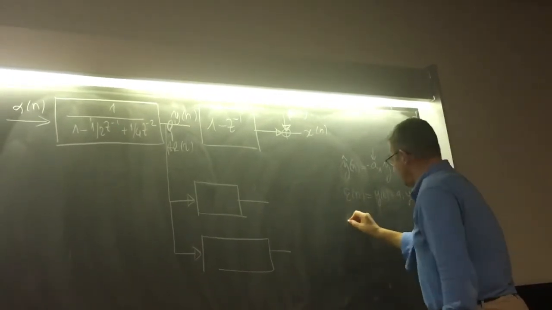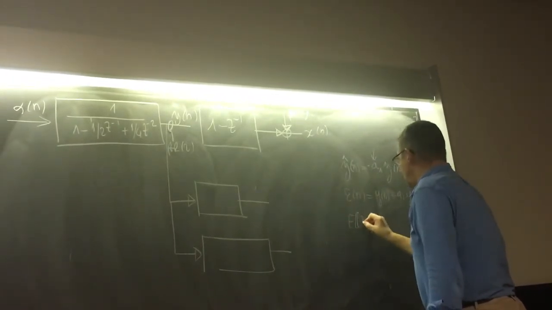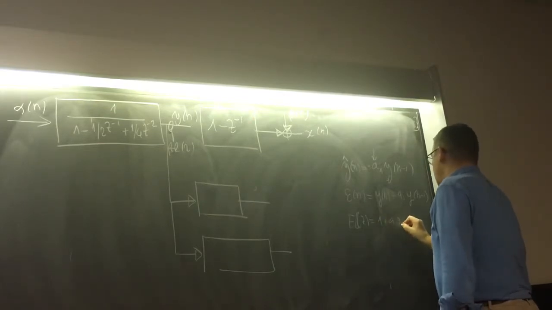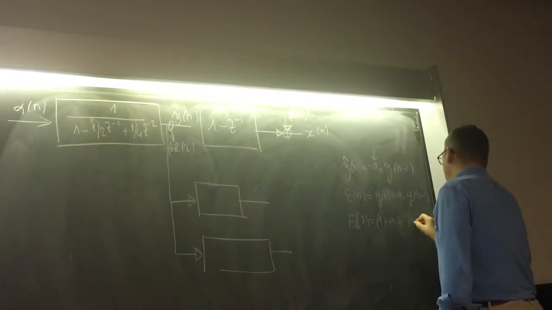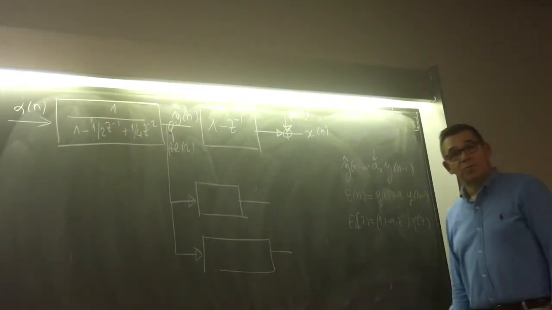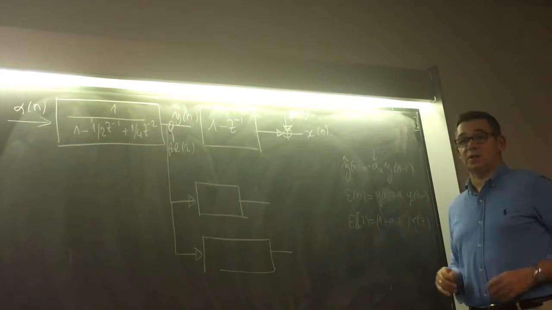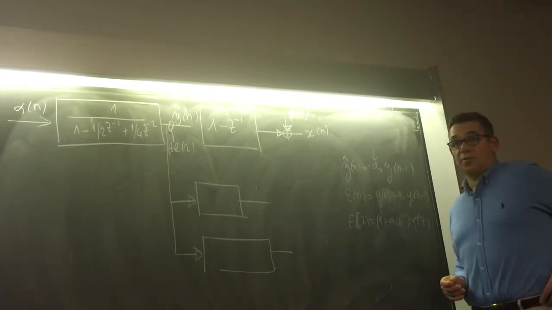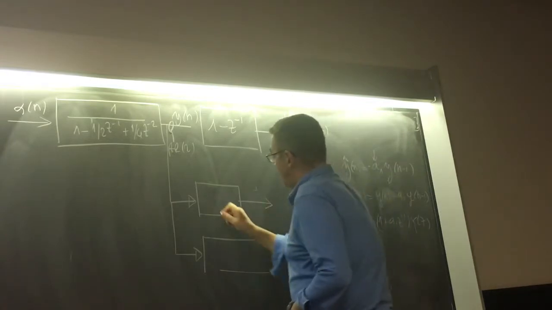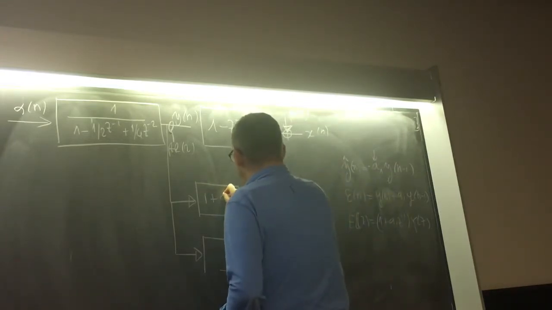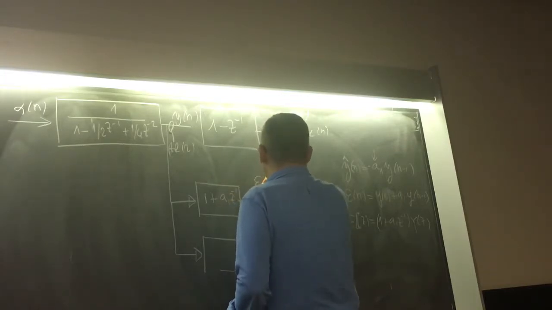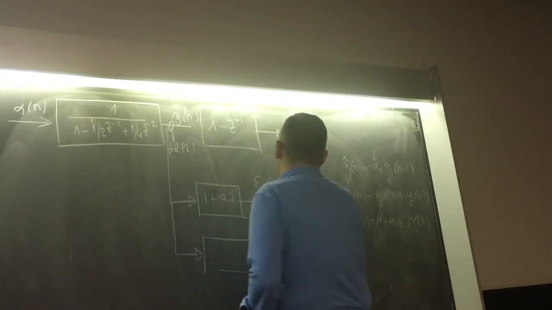In z transform, E(z) is equal to 1 plus a1 z to the minus 1 multiplied by Y(z). So the output of the linear prediction is the prediction error, the filter 1 plus a1 z to the minus 1, and this is the prediction error epsilon 1 n.